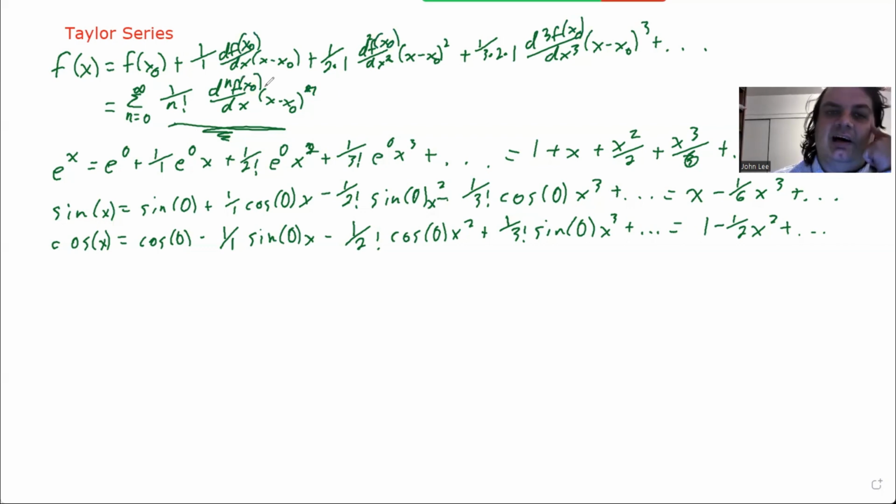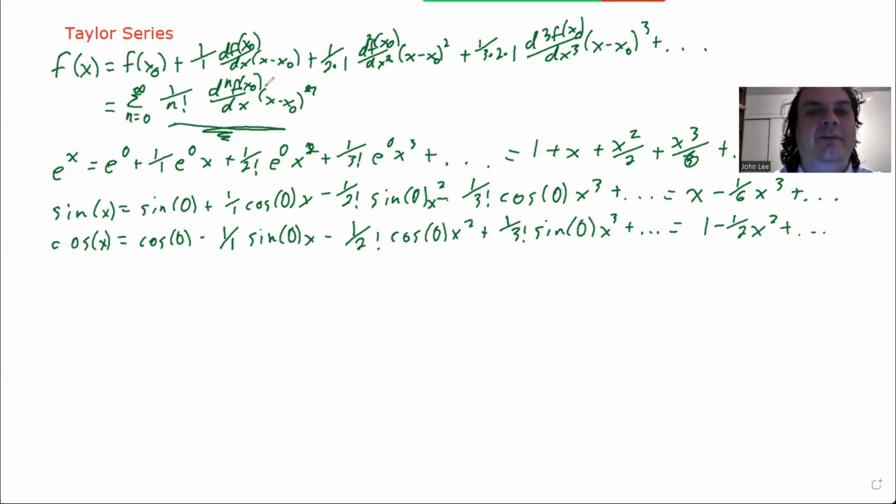But to get a better approximation, you add 1 over 2 times d squared f dx squared at that initial position times (x minus x naught) squared, plus 1 over 6 d cubed f dx cubed times (x minus x naught) cubed, and so on and so forth to infinity.